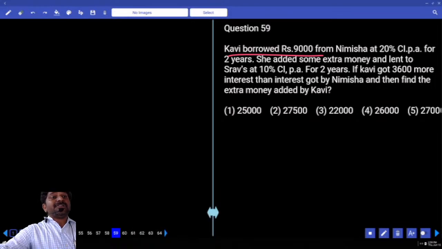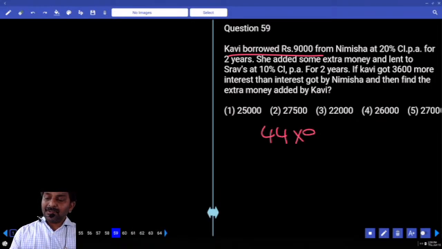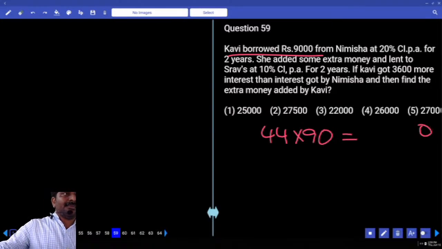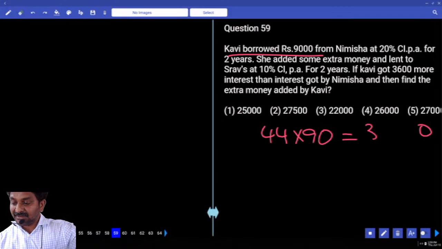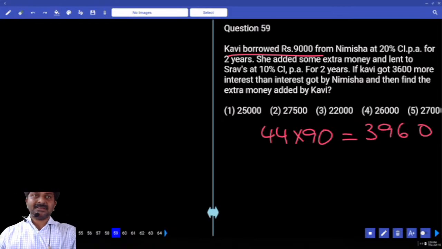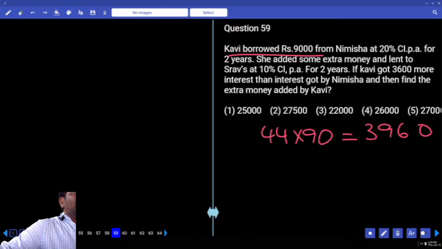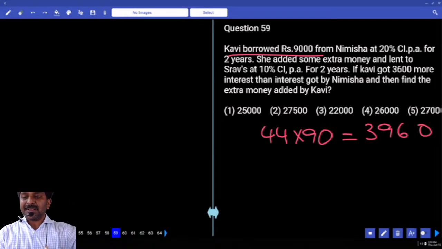So after 2 years, how much interest I need to pay? 44% of 9,000, that is this much only. 44 times 9, 10 times minus 1 time: 440 minus 44, 396. So how much interest I need to pay? 3,960, correct? Right, this is one part, keep it aside.